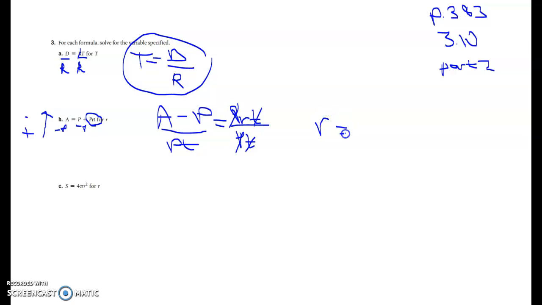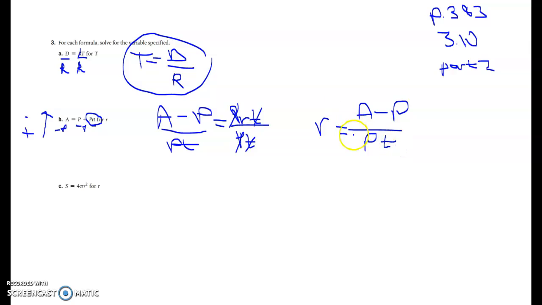So my rate equals, and this is a p over here, so I could write A minus p all over pt. Okay, and there's a minus in there, right there. If you can't see it, I guess I could erase it and try to make it look a little bit better. So minus p. There we go.